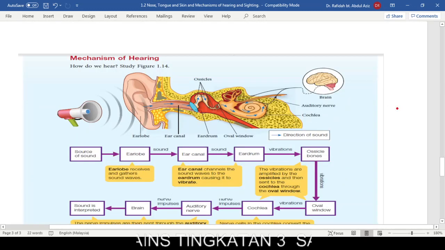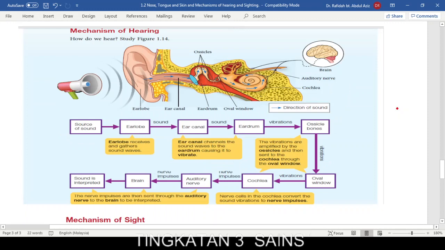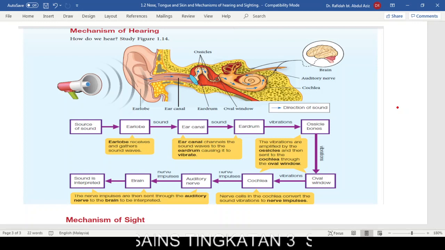Now we proceed to discuss the mechanism of hearing, how we hear sound from outside. How can our ear, which functions as a sensory organ, detect sound from outside?